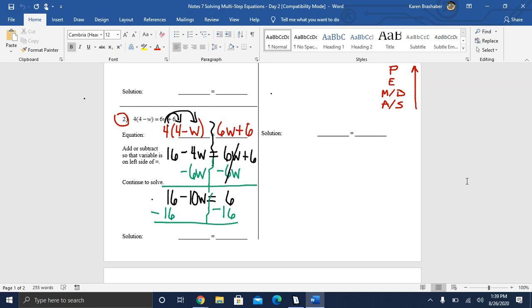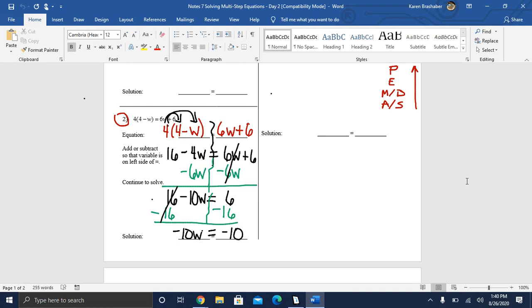And that's going to give me negative 10w, because this cancels out. Now, I'm actually going to go just a little bit below where it says the solution here. So negative 10w equals, and then 6 minus 16, that would be negative 10. Again, use a calculator if you do need.